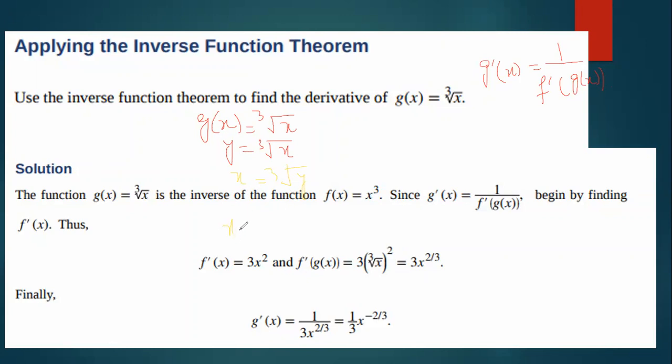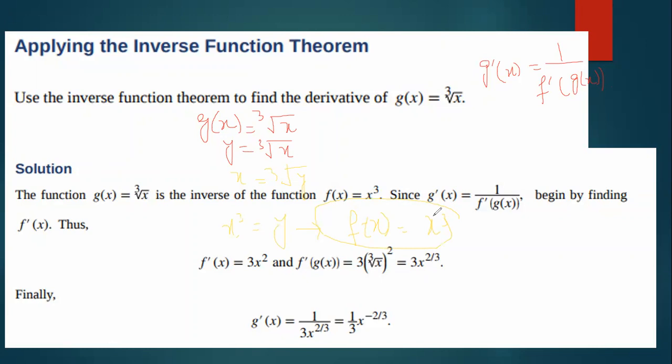So this will be x cube equals to y. So this means that f of x, which is basically the inverse of the function, the value equals to x cube. Okay, the value equals to x cube.